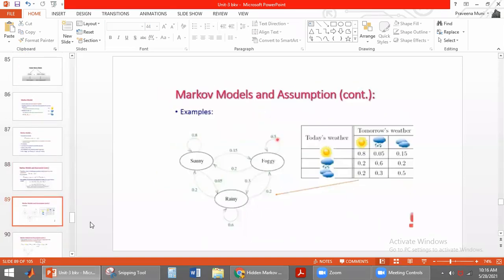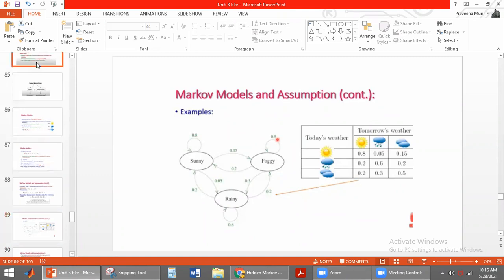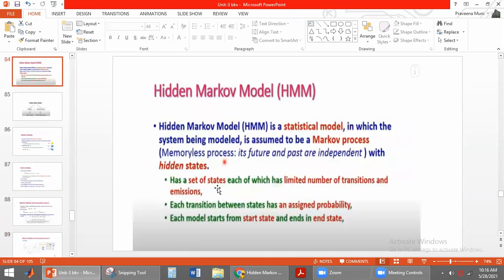Here we'll take one more example, students. Observe this slide, all of you. We have discussed that a set of states has a limited number of transitions and emissions. Each transition between states has an assigned probability, so whenever there is a transition from one state to another, it has an assigned probability.